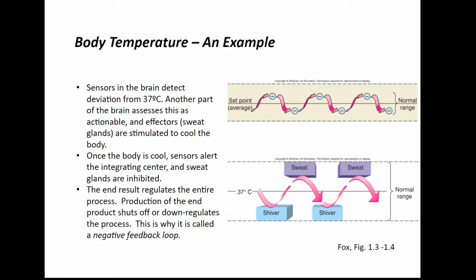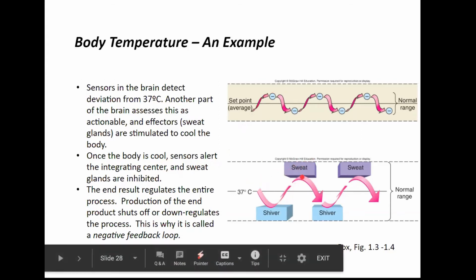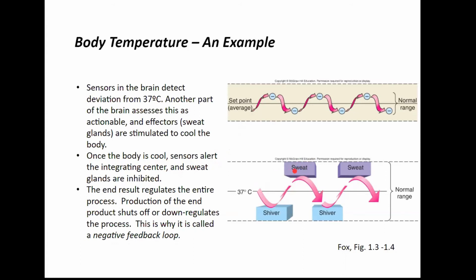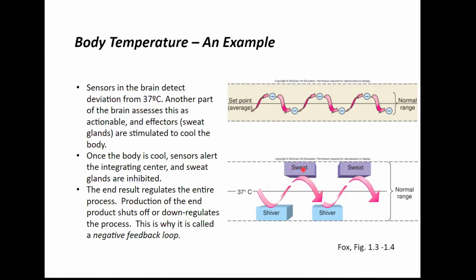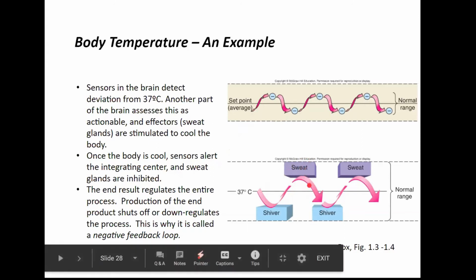And once the body is cool, the sensors again tell the integrating center that we're cool enough now. So it's sending a signal again to the integrating center and telling it to stop turning on these sweat glands. So we'd see sort of a fluctuation, right? So as we're sweating really hard, we pull that temperature back down because sweat is evaporating off our skin.